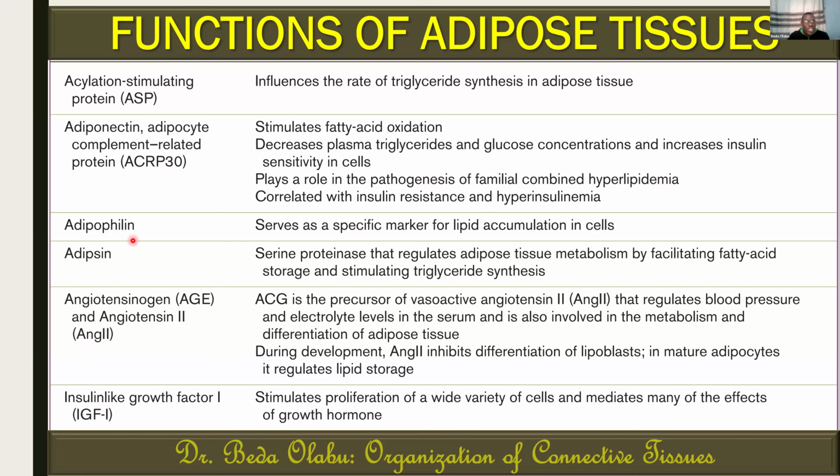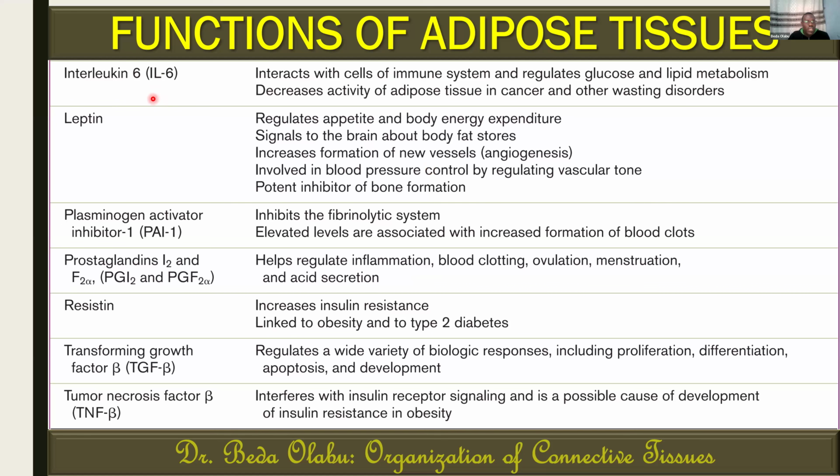You can have your own time to just scan through the list on your left and the functions on the right for each of the chemicals. Still more of them. I've already talked about leptin. Perhaps at this particular point, I would want to mention the tumor necrosis factor, which is known to interfere with insulin receptors.